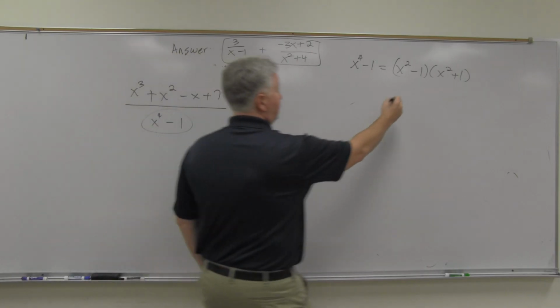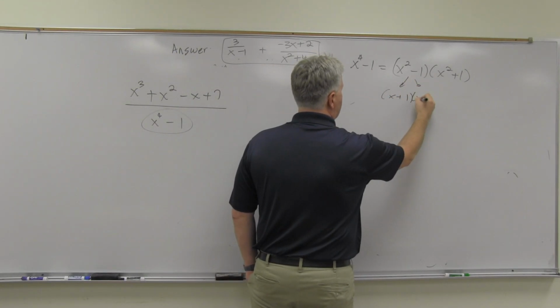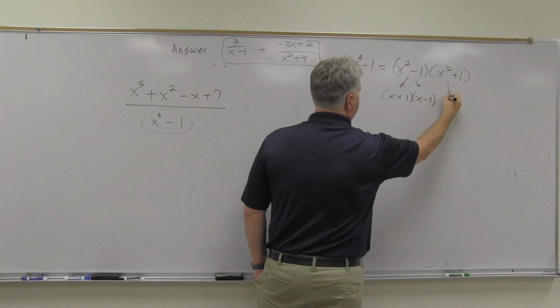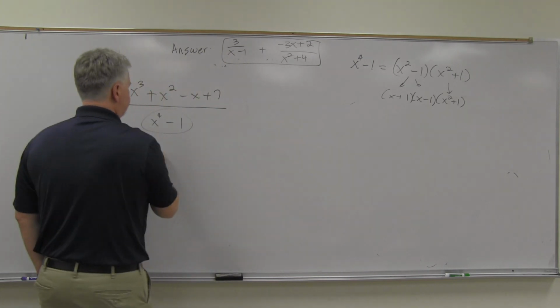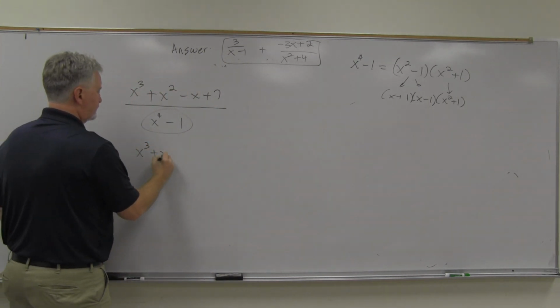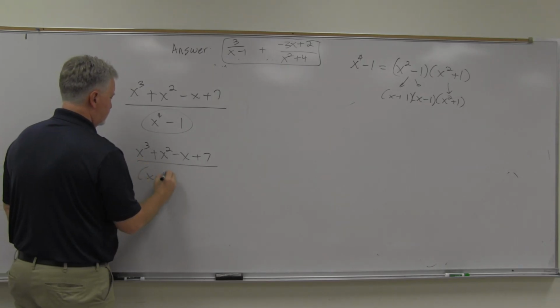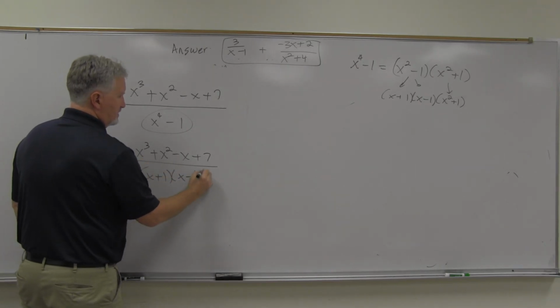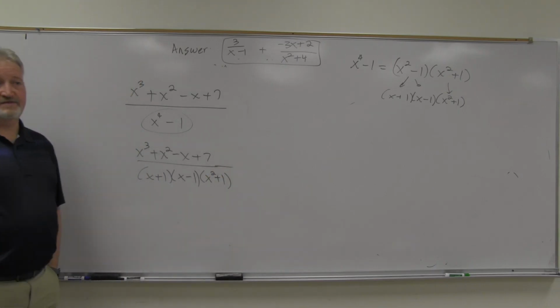So this one factors as x minus 1, x plus 1. This one doesn't factor. All right, so that's my denominator factored. X plus 1, x minus 1, or vice versa, times x squared plus 1. That x squared plus 1 doesn't factor.